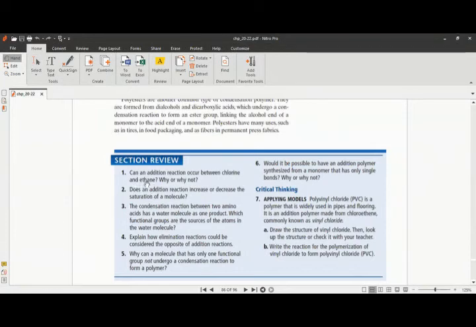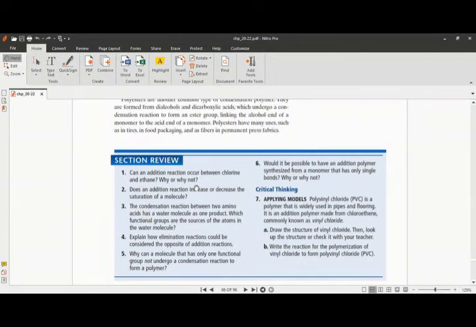And be careful that it's ethane. Why or why not? No. Because the addition reaction occurs for double or triple bonds. But ethane is saturated. All the ethane molecule contains single bonds. So there is no addition reaction for them.